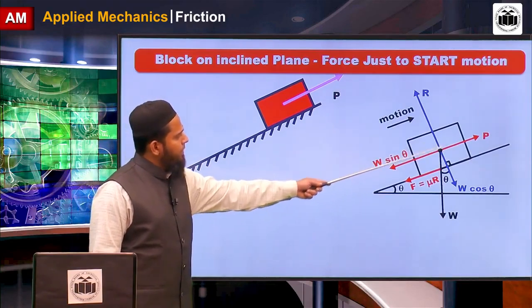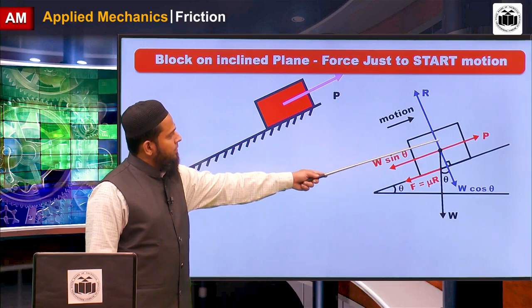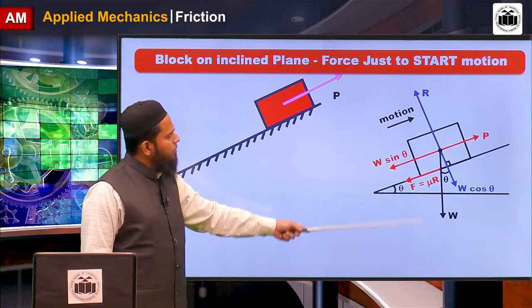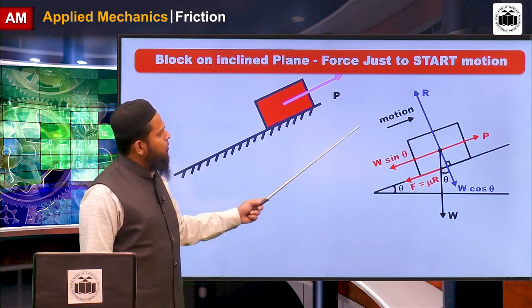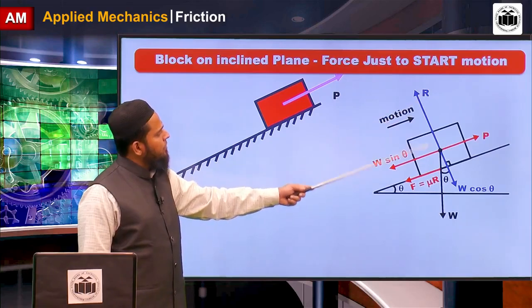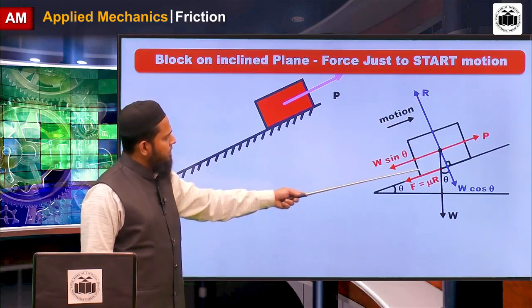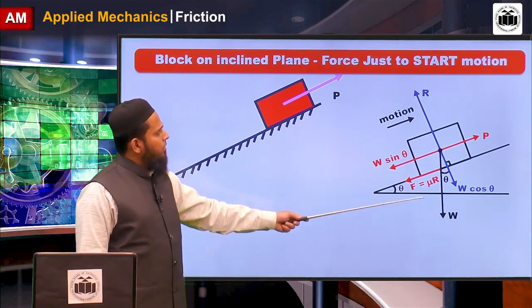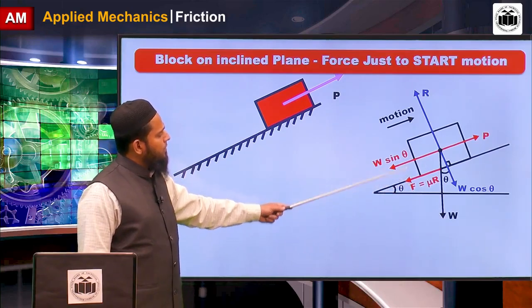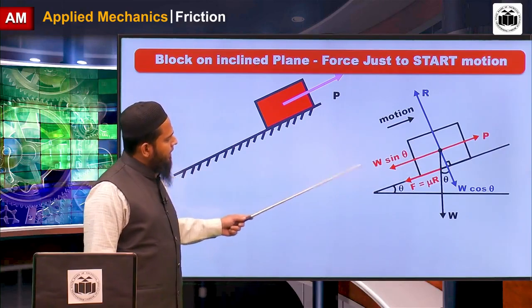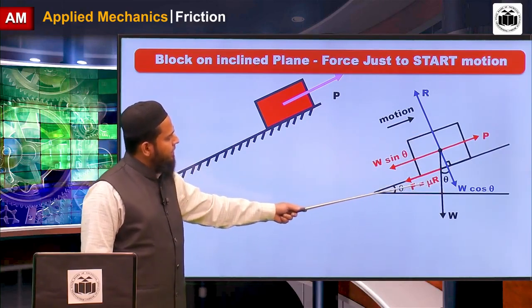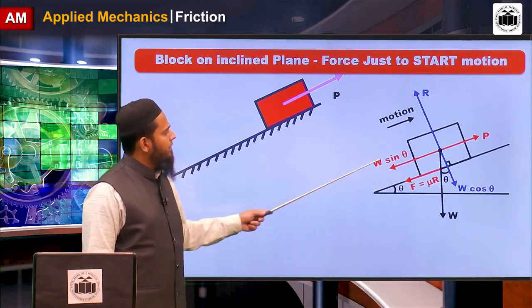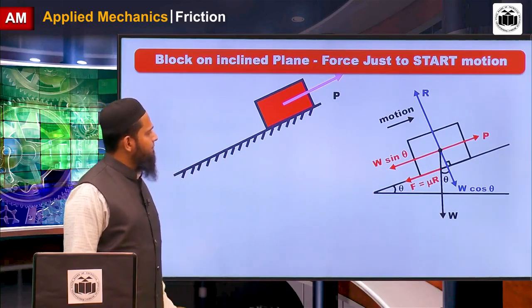This force is P, which starts the motion, and W is in vertically downward direction, but here motion is in upward direction, so frictional force is in downward direction. This is the main change. W is resolved by two components along the plane and across the plane. Across the plane, which is adjacent to theta, W cos theta, and remaining is W sin theta.